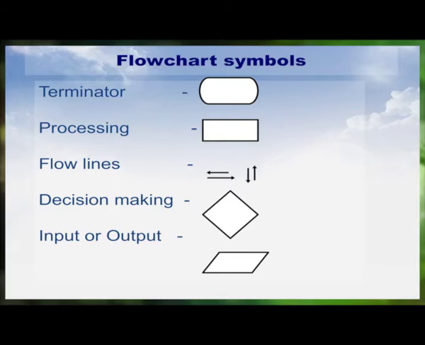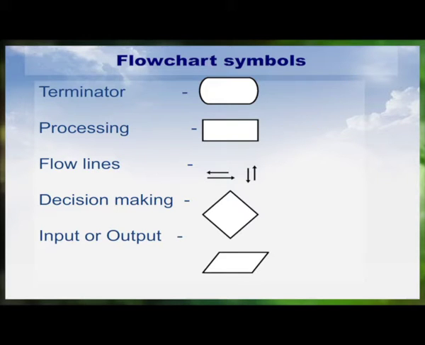A terminator represents the beginning and ending of the flowchart. We use the keywords start and stop. The terminator is represented as a rounded rectangle as you are seeing. Start and end are required for every flowchart.